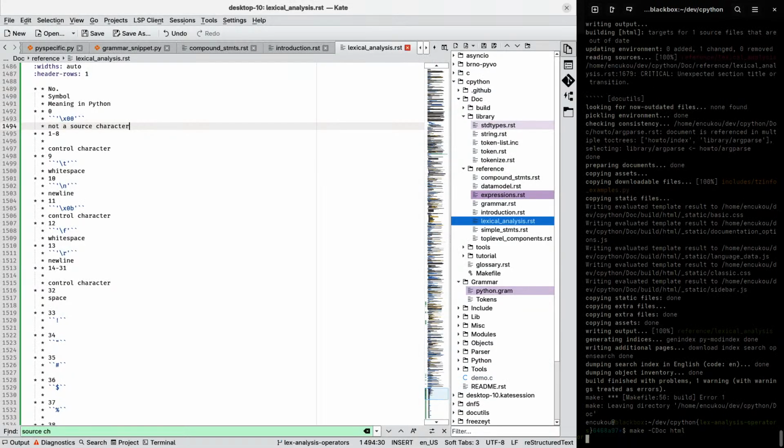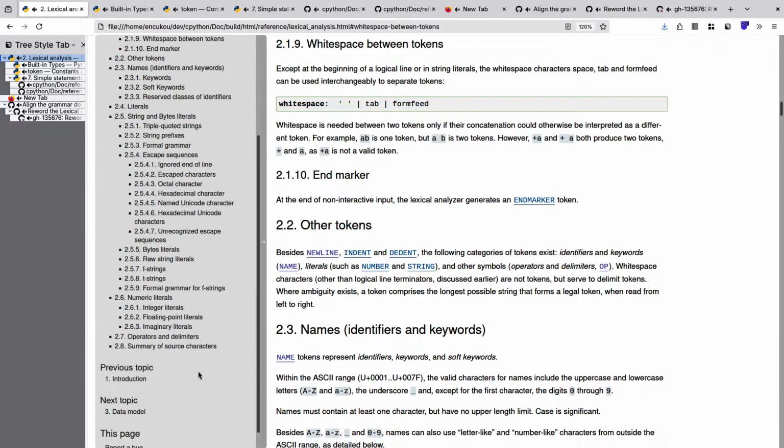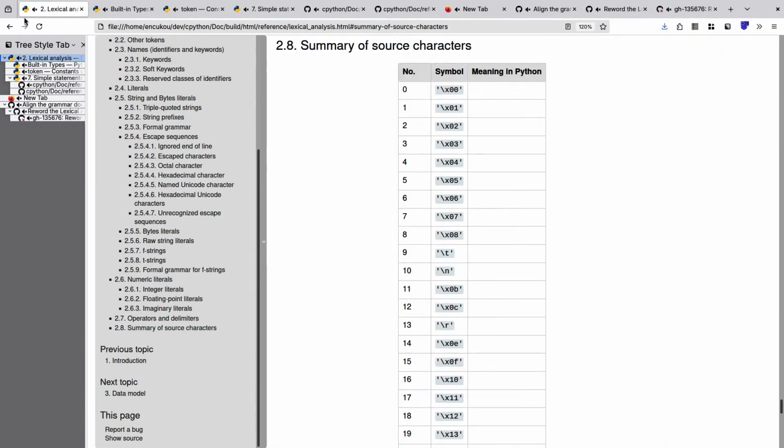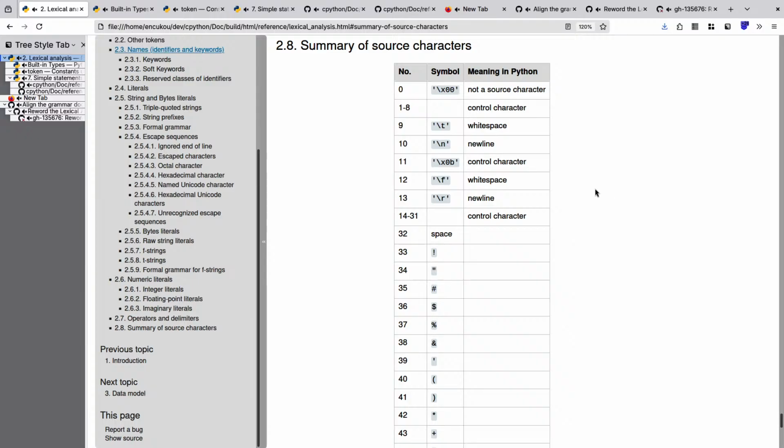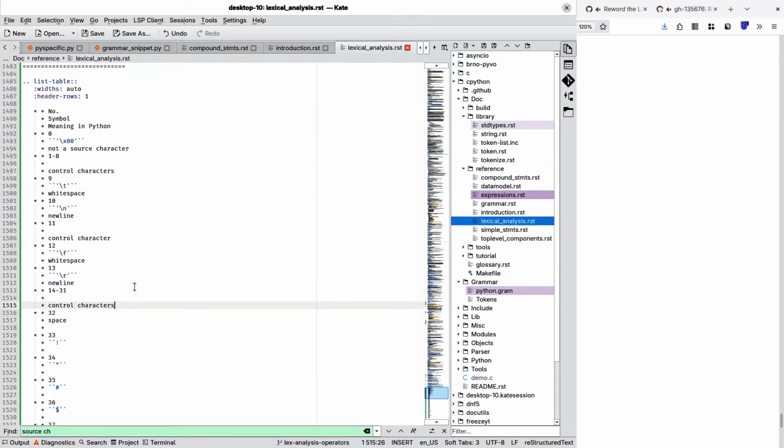Wonder if I can put enough information in here to make this useful. New line is, oh yeah, white space.